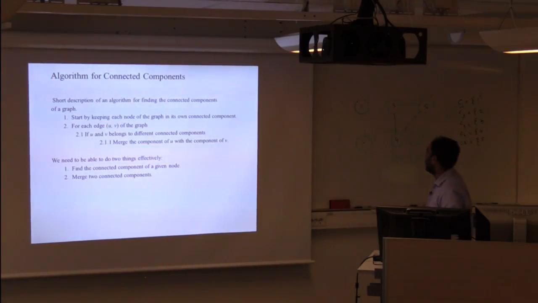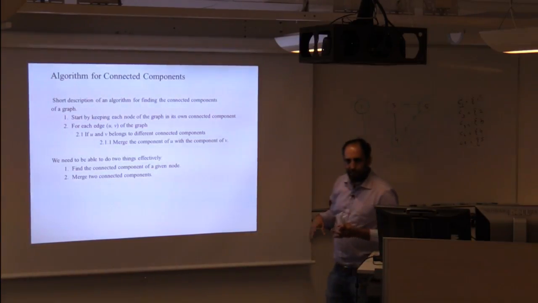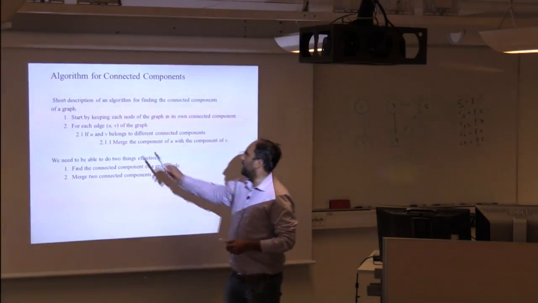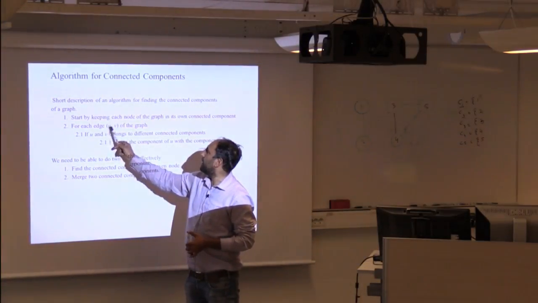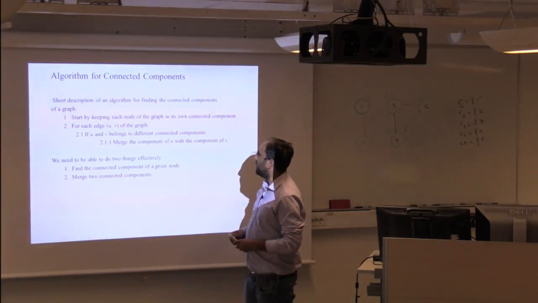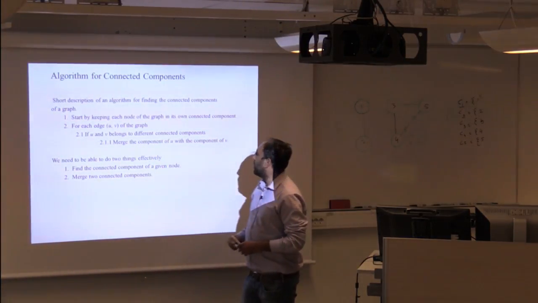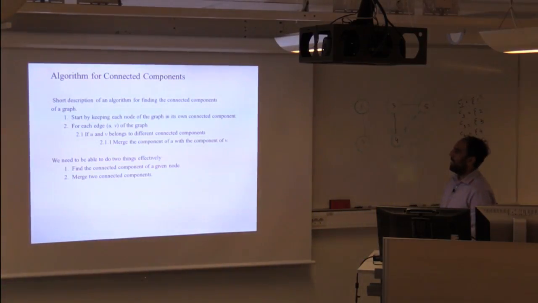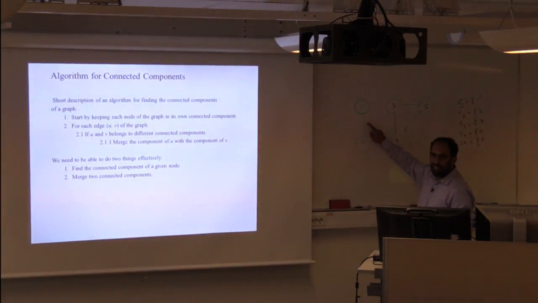If you have 10 nodes in a graph, in the beginning you keep every node in a separate partition of its own, and then check the edges. For each edge u, v of the graph, if u and v belong to different connected components, merge the connected component of u with the component of v. So then we take every edge.